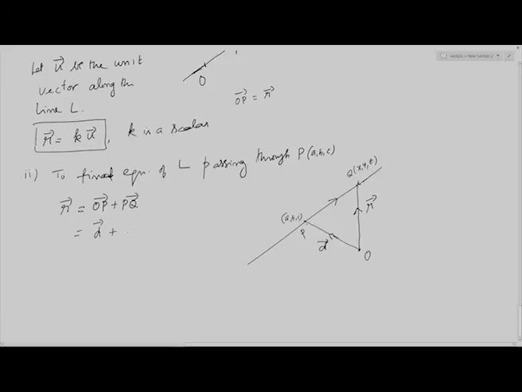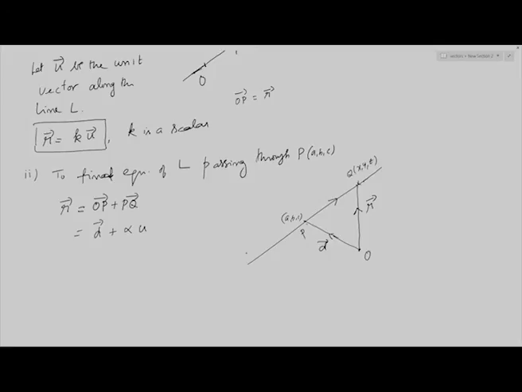What is PQ? PQ is equal to some alpha times u, because I know the unit vector in this direction. Since I know the point, I can find the direction, because a, b, c are the direction ratios, therefore we can always find the unit vector in that direction.